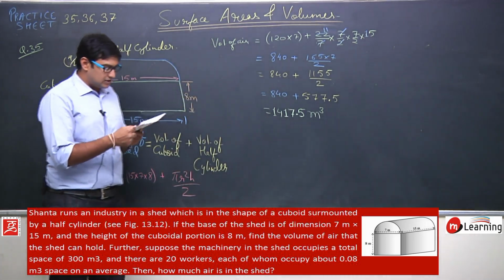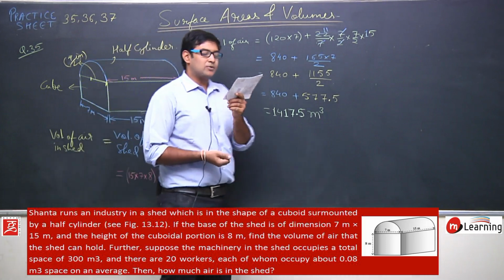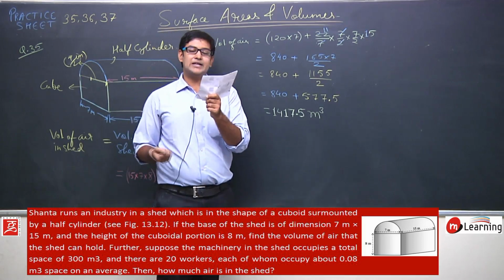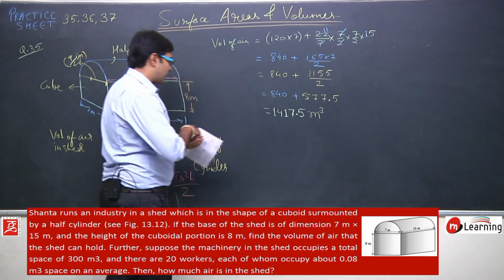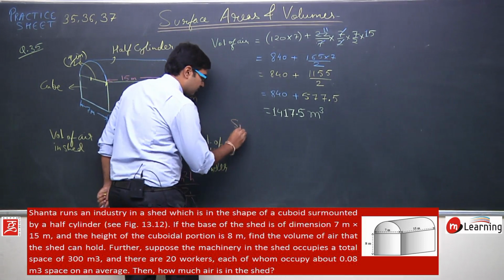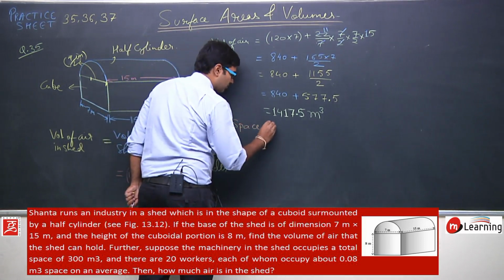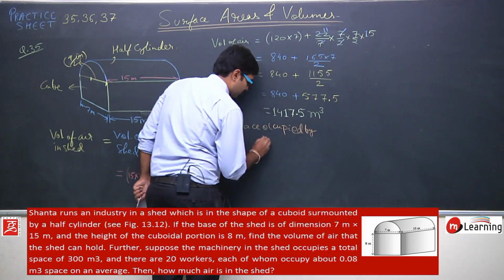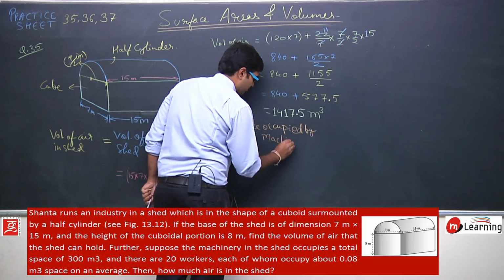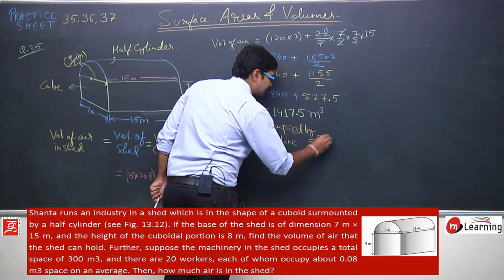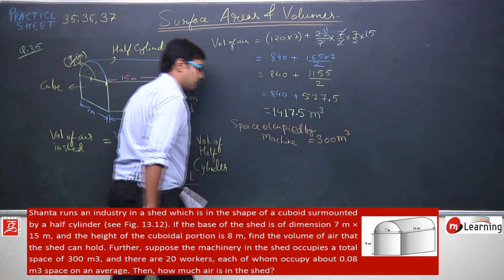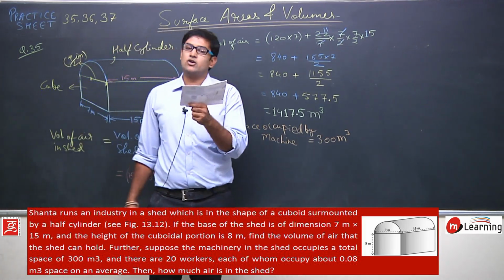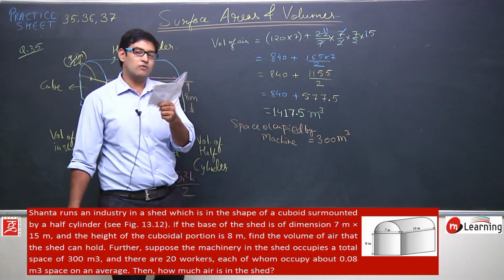Now further in the question it says, further suppose the machinery in the shed occupies a total space of 300 meter cube. So space occupied by machinery is 300 meter cube, okay. Then there are 20 workers, each worker occupies 0.08 meter cube of volume.